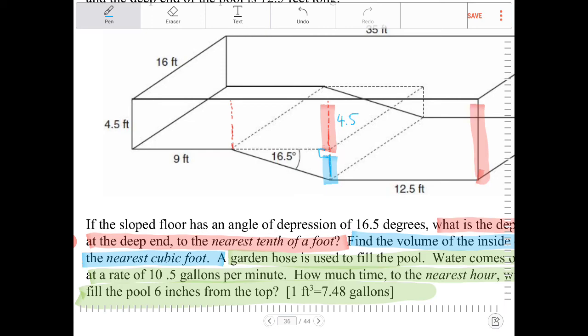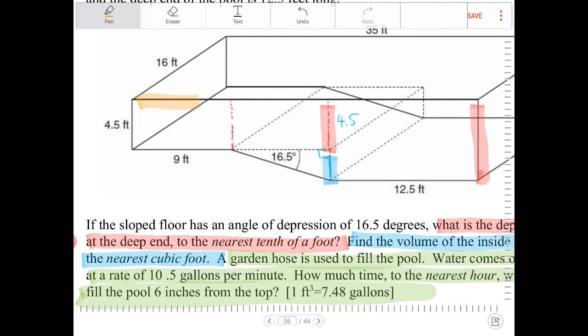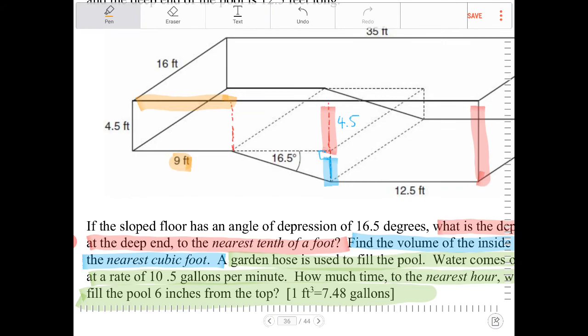So looking at this, I noticed that this dimension that I'm going to highlight in orange is equivalent to 9. And then this dimension is equivalent to 12.5.